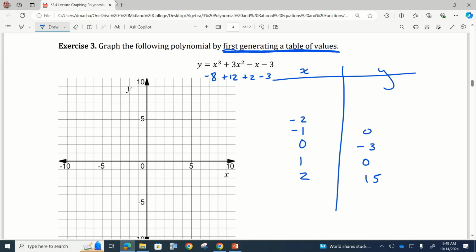And then y is 3. What about when x is equal to negative 3? We get negative 27 plus 27 plus 3 minus 3. 0. What about when x is equal to negative 4?